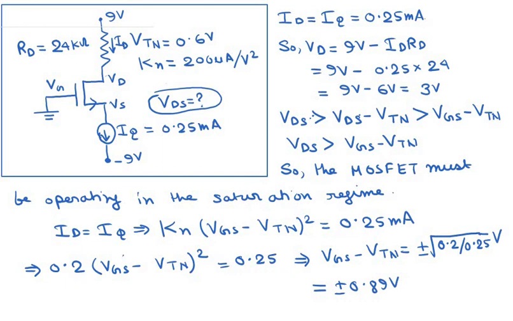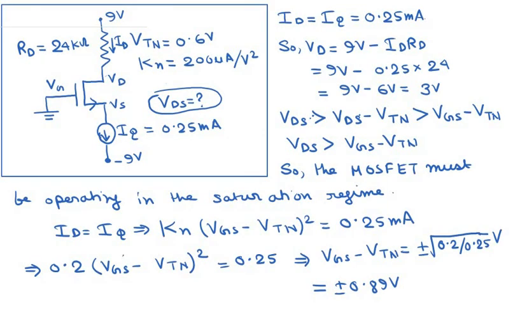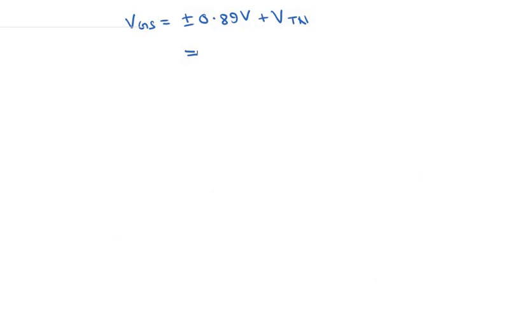So VGS is equal to plus minus 0.89 volts plus VTN, and VTN here is equal to, let me just check it, 0.6 volts. So plus minus 0.89 volts plus 0.6 volts.